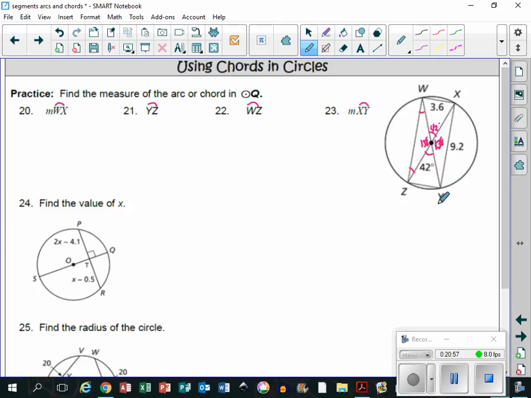Let's see. Arc WX, so this arc. If you'll notice, this arc is created by this central angle. So if this central angle is 42, then it's 42. Remember, arcs are congruent to angles.